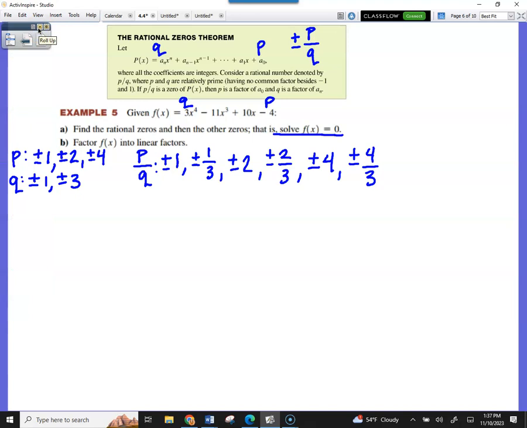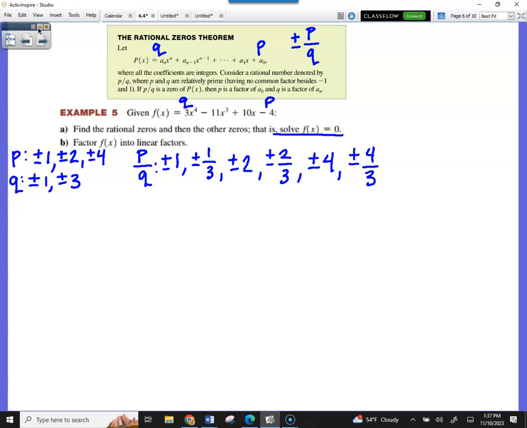Now, before we dive in, let me show you what we just did, because I want you to know the big picture here. What you've just done is you have just named all of the possible solutions, meaning they don't all work. It's just that the ones that do work are in there.